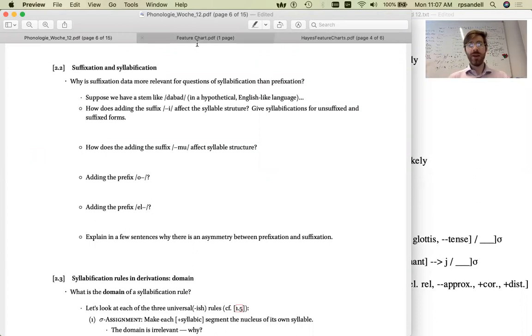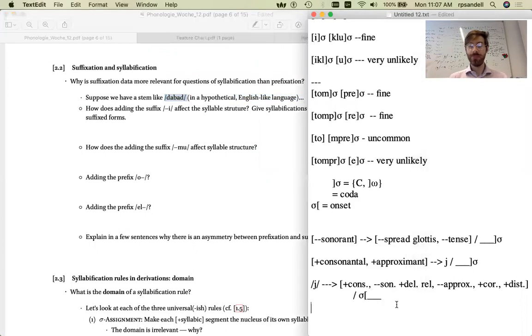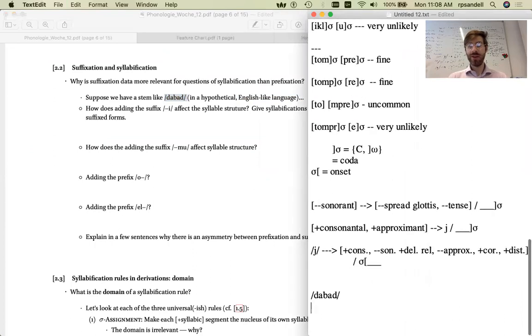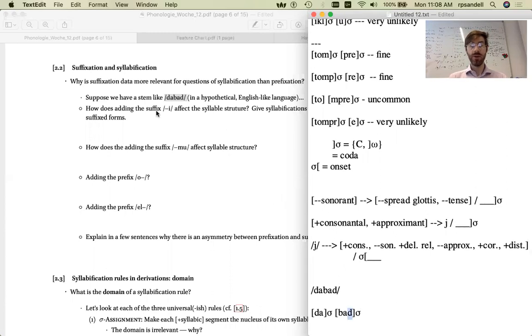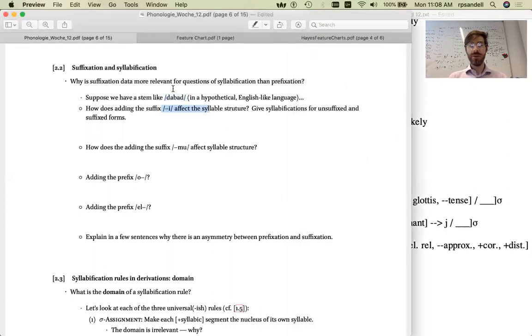So assuming that a language has syllabification rules, more or less like English, let's imagine an input, da-bad. And the syllabification that I would expect, of course, we're going to have two syllables, and I would expect one syllable, da, and another syllable, bad, in which this da will be in the coda. Now, what's going to happen here?